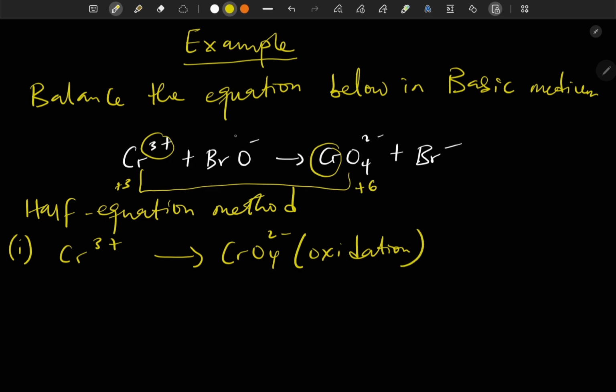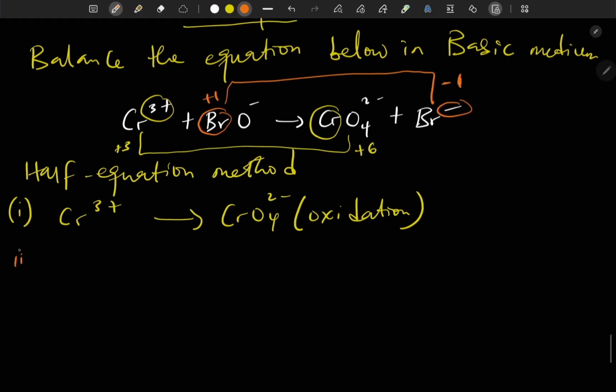And the second half equation, Br is going from +1. If you calculate the oxidation number of Br here, it is +1 to -1, definitely that is reduction. BrO- gives Br-, that is reduction.